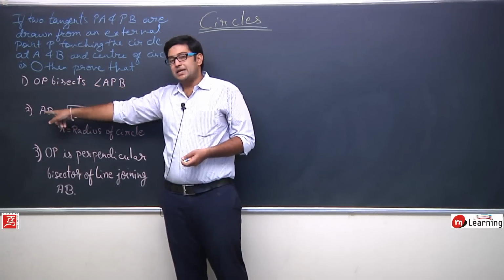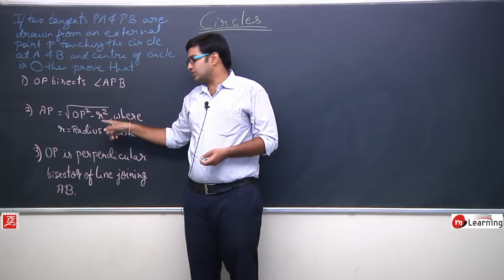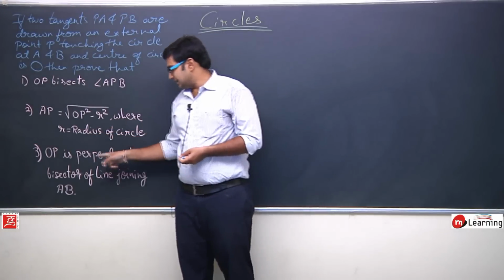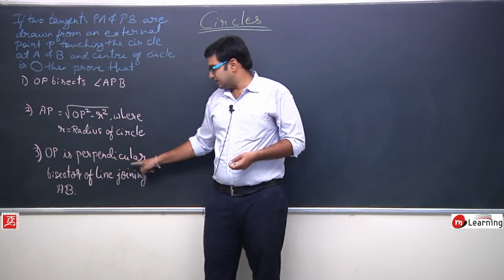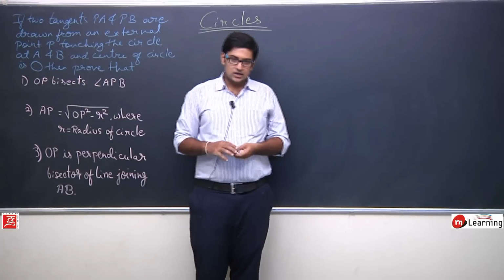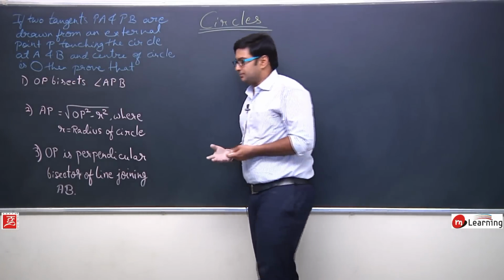Second, AP is equal to the square root of OP square minus R square, where R is the radius of the circle. And third, OP is the perpendicular bisector of the line joining AB. Okay, so this is a question which we are going to solve using the second theorem.